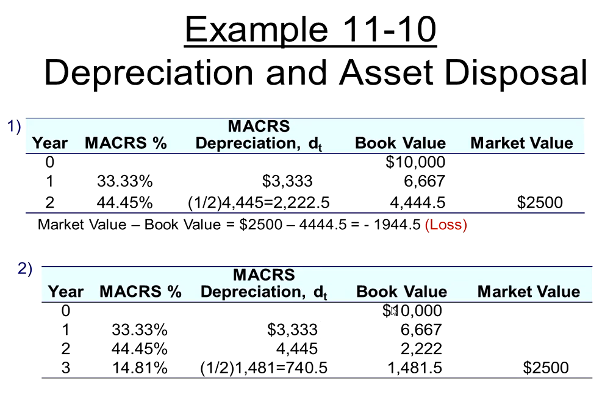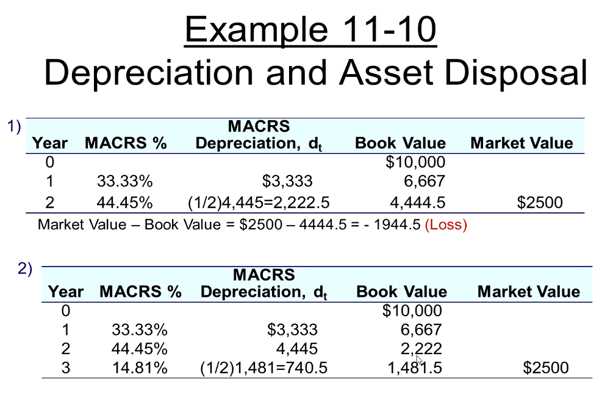Subtracting from 10,000, we get the BV in year 1. From here, subtracting 4,445, we get this much. This is the book value in year 2. Then from the book value of year 2, we subtract the depreciation amount in year 3, and we get the book value in year 3.